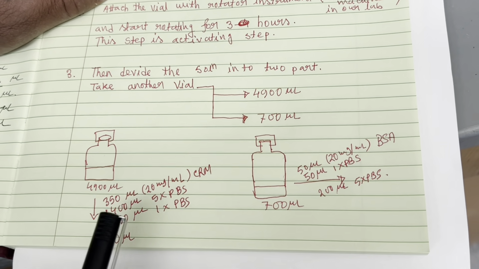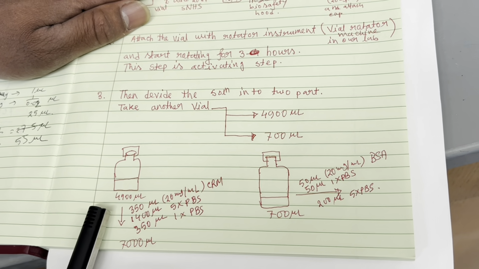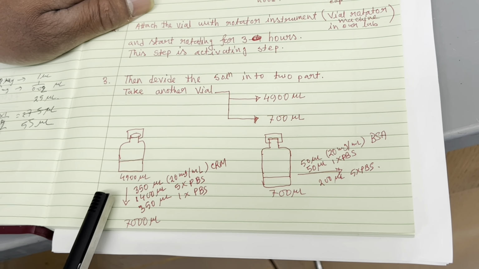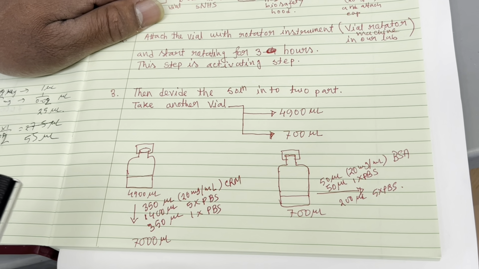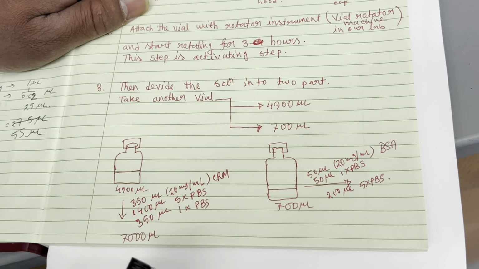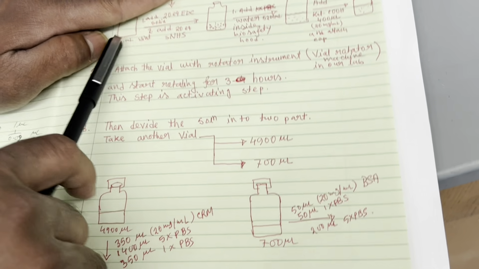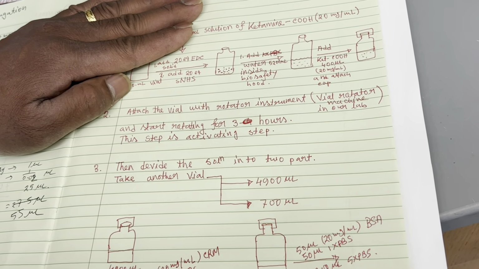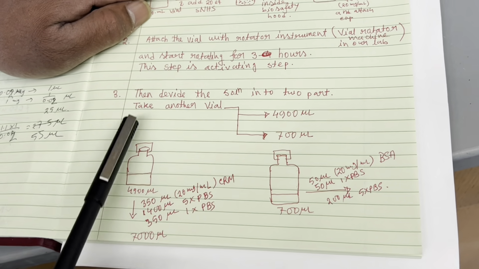The last bit was a lot of numbers, but I think I get it. For CRM conjugation we will need 7 milliliter. Our target is 1 milligram per milliliter. Since we need 7 milliliter, how much of the original acid should be in that? 7 milligram, right? That's why we are making 7,000 microliter.